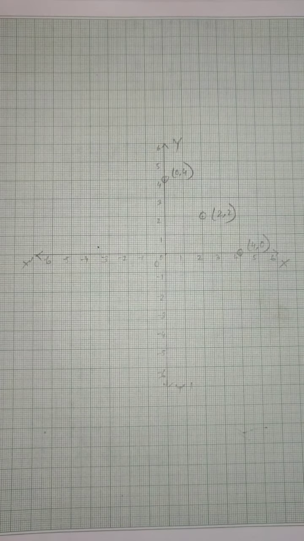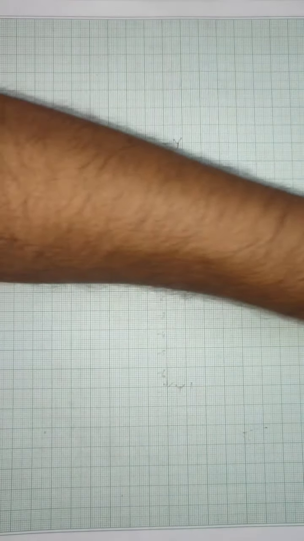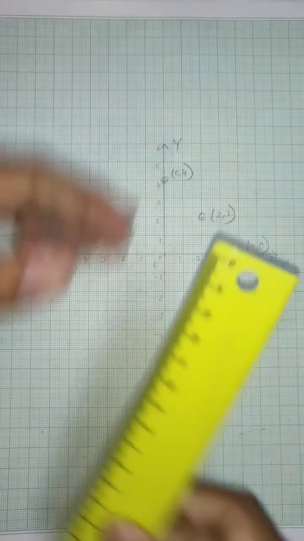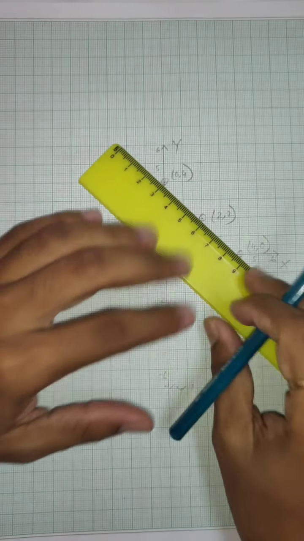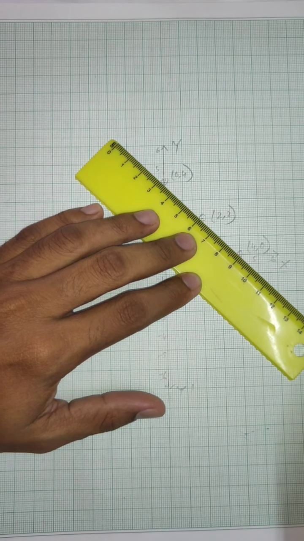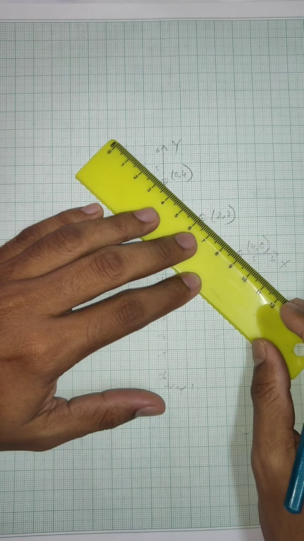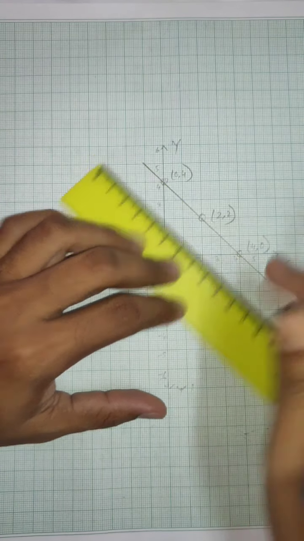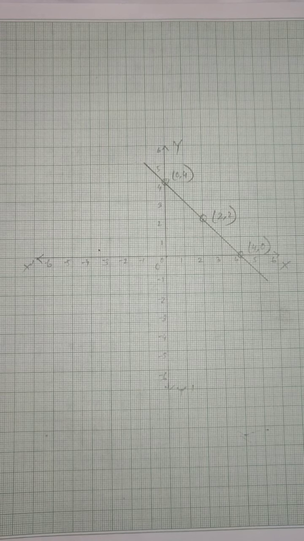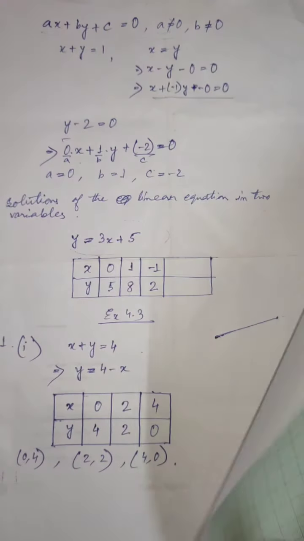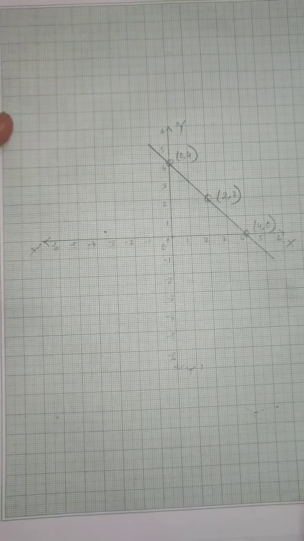All right, now we shall join these points. See, this is the representation of the linear equation in two variables in a graph or in a Cartesian plane. Thank you.